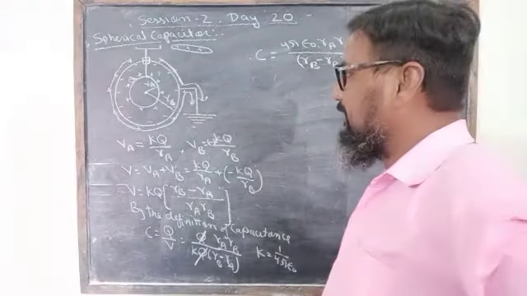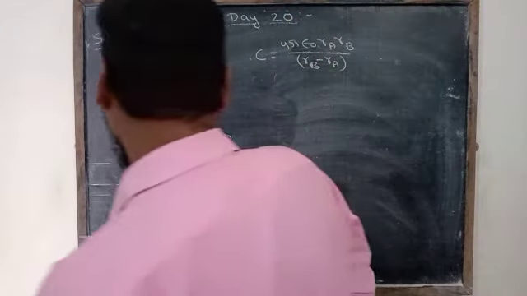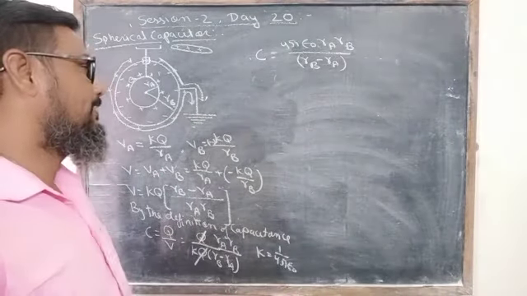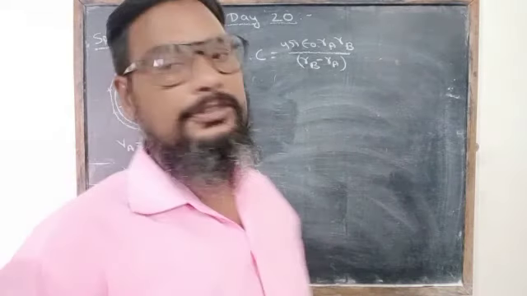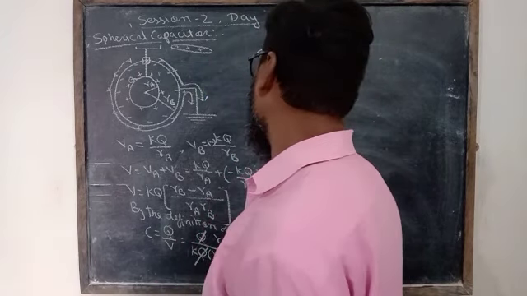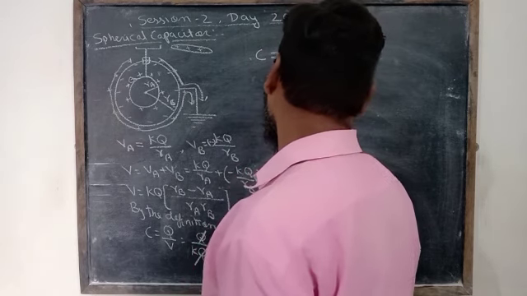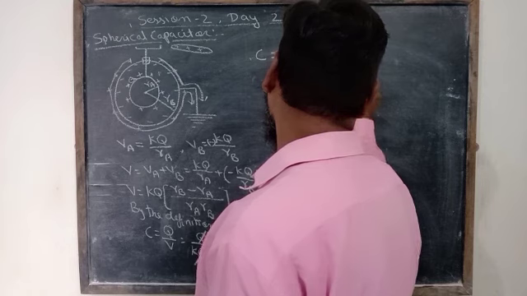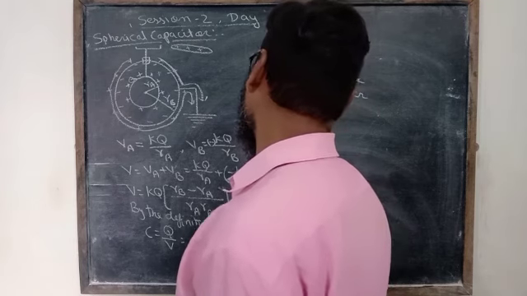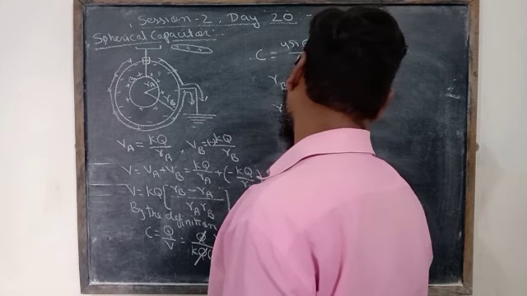In order to increase the capacitance of a spherical capacitor, the radii of the hollow spheres must be greater, and the difference between the radii of the spheres should be smaller. Means for better capacitance, RA and RB should be greater, and then the difference RB minus RA should be smaller.